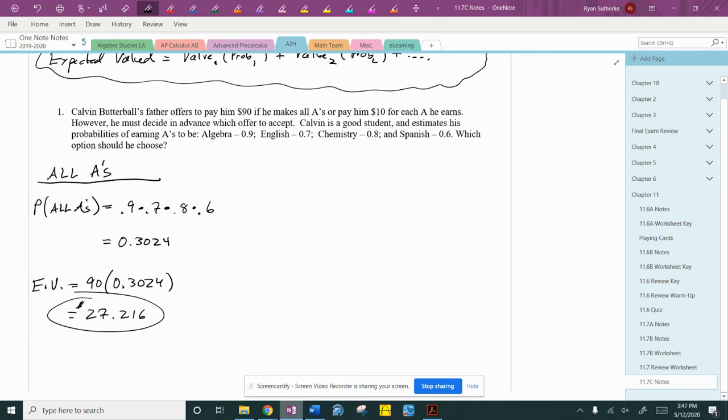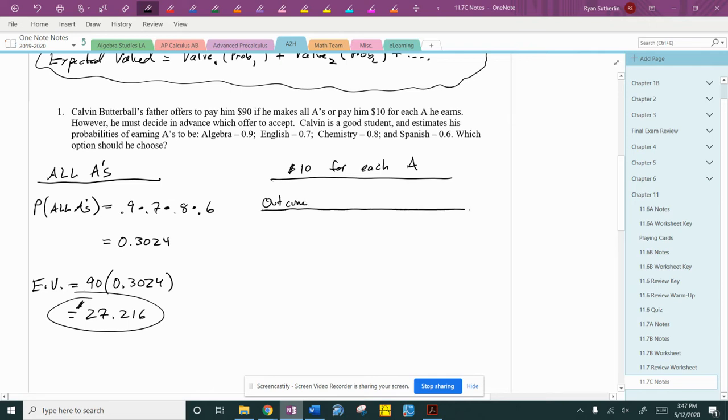Now, his other option was $10 for each A. So again, I'm going to make my table. I have outcome, I have value, and I have my probabilities. The outcome of an A in algebra, the probability of that is 0.9.